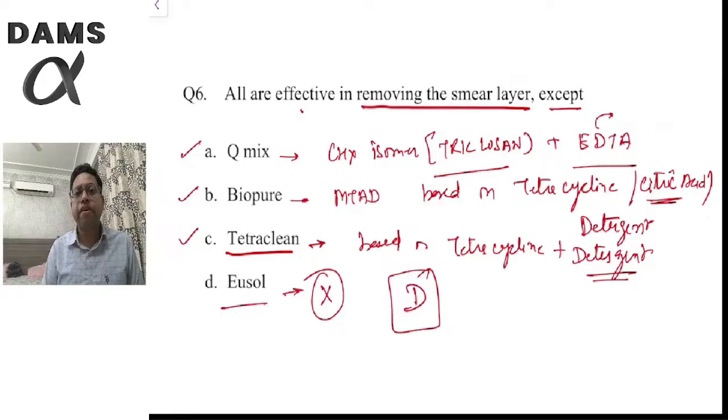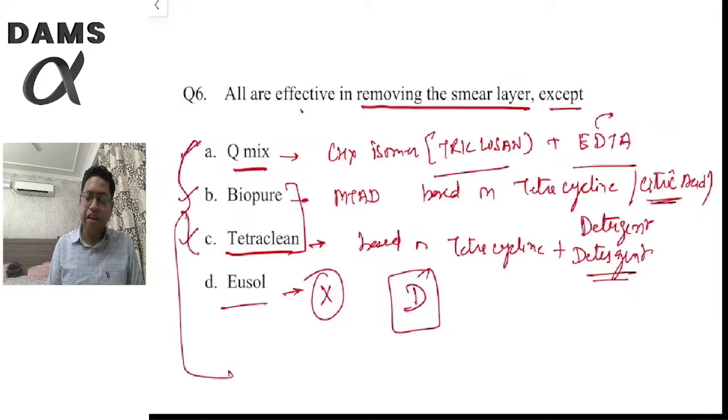Another thing that you can remember about options A, B, and C, that is Qmix and these two antibiotic-based irrigants, BioPure and Tetraclean, is that all three of them are used as final irrigant.